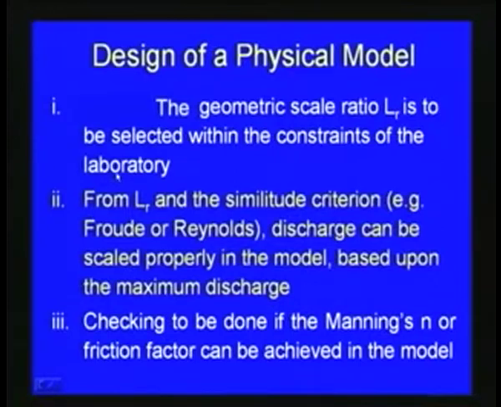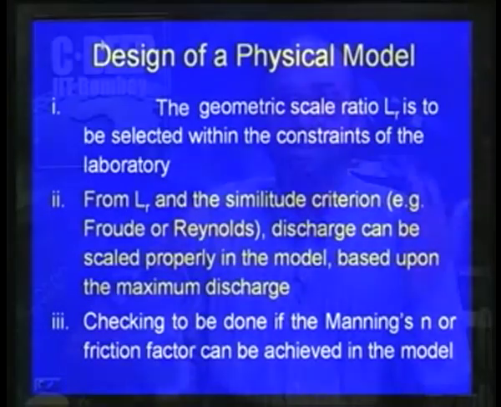That is the first point, and the second point is, from the scale ratio and the similitude criterion, for example Froude or Reynolds, the discharge can be scaled properly in the model based upon the maximum discharge. The discharge in the prototype can be very high, so correspondingly we have to scale it down in the model.